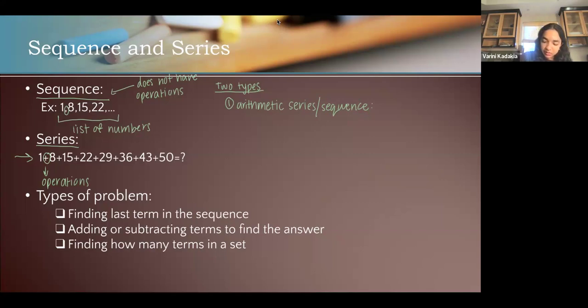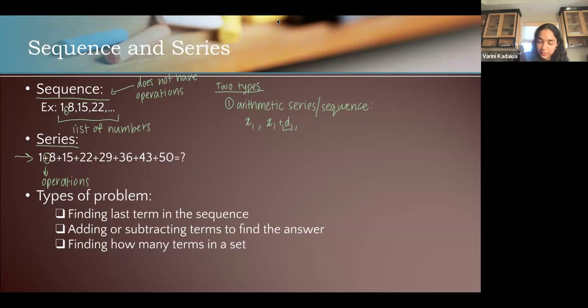Let's say we have a sequence where the first term is x1. Then the next term in the sequence would be x1 plus some d. This d is known as the common difference, and you can build the rest of the terms of the sequence or series using the common difference.